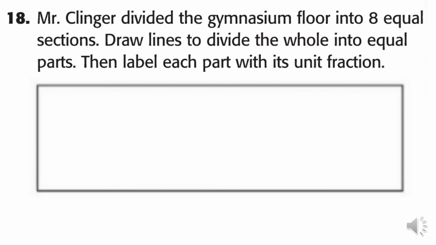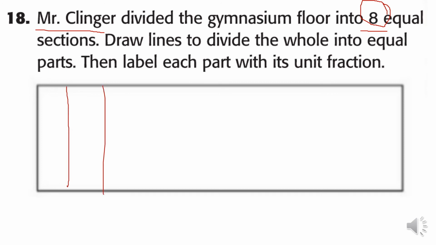So this exercise is telling you that Mr. Klinger divided the gymnasium floor into 8 equal parts, right? So imagine this is the gymnasium floor, yes? And you want to divide it into 8 equal parts. Let's divide this into 8.